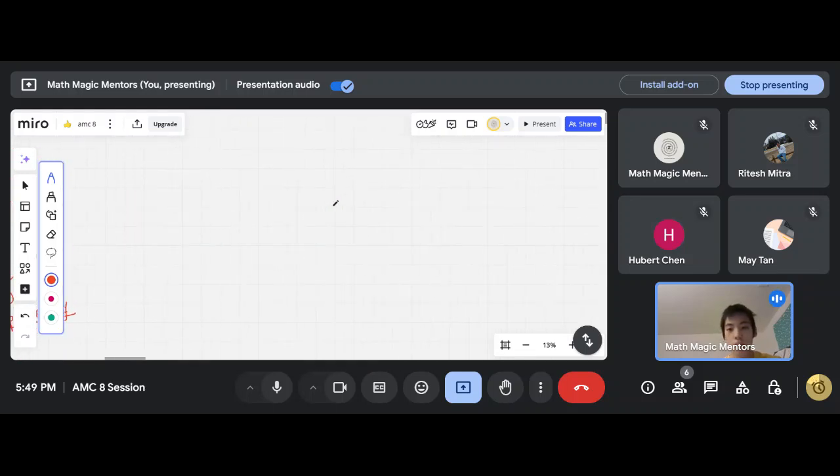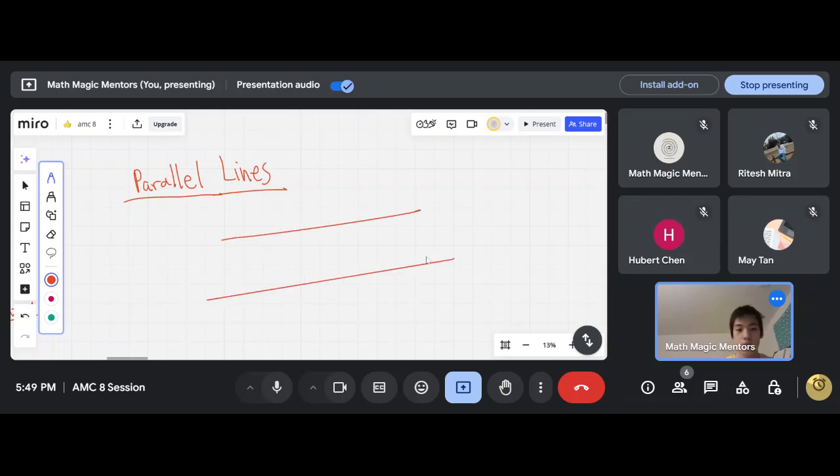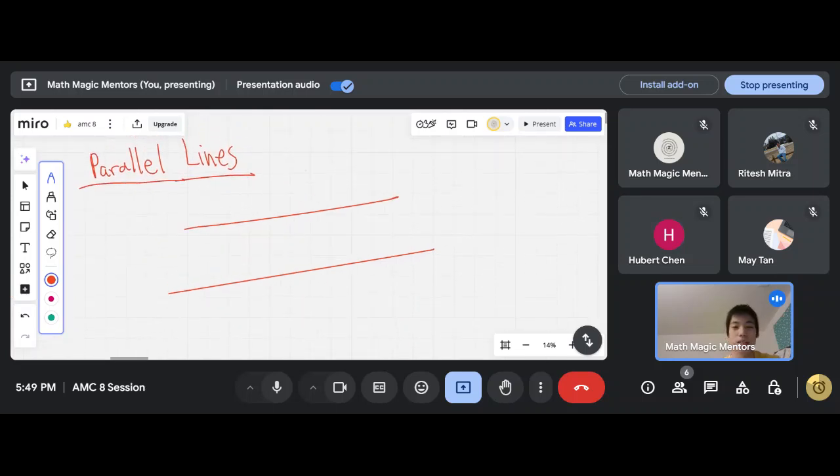So with that, we're going to talk a little bit about parallel lines, which is a very similar idea, and you'll see what I mean when I say that.